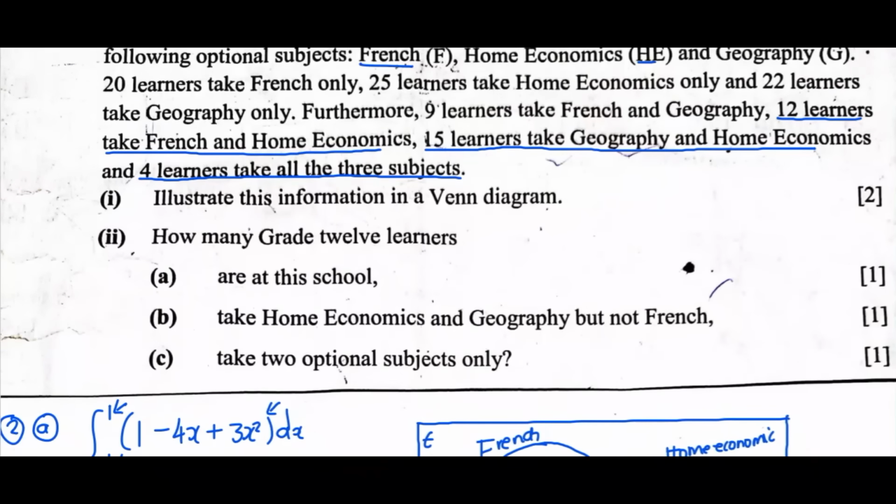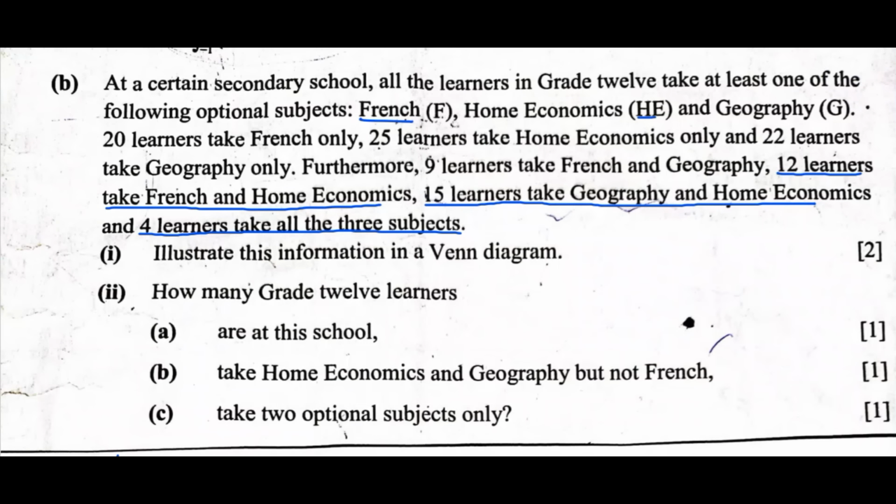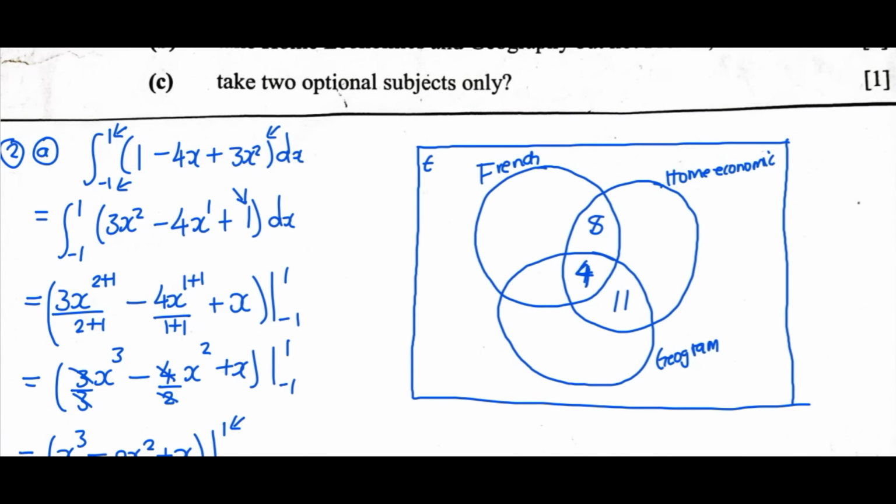Then let's go back to the other one. So the other one is 9 learners take French and geography. 9 take French and geography. Then from that 9 we subtract 4, we have 5.